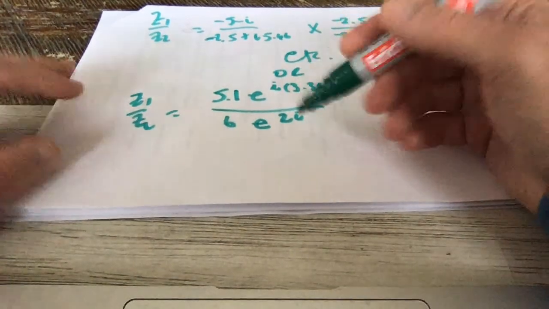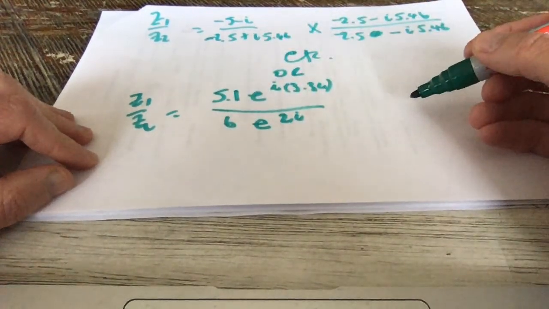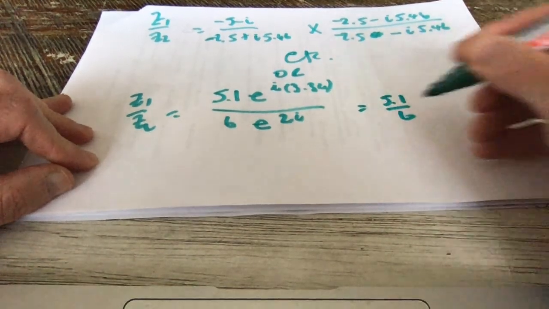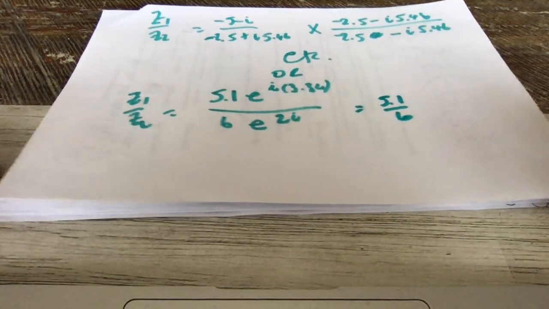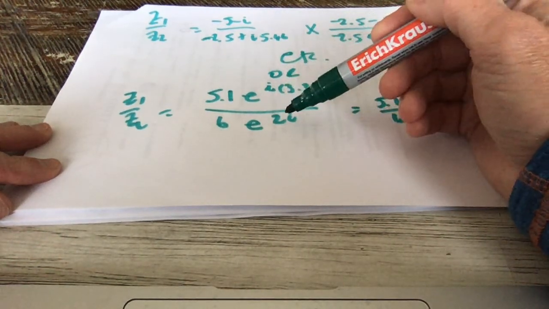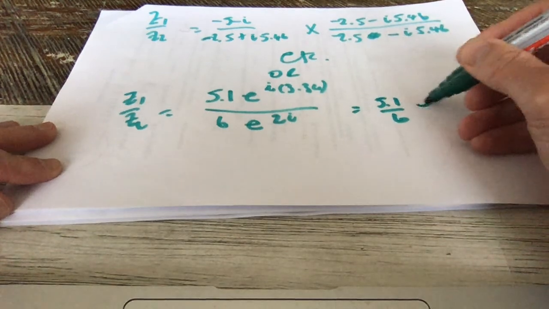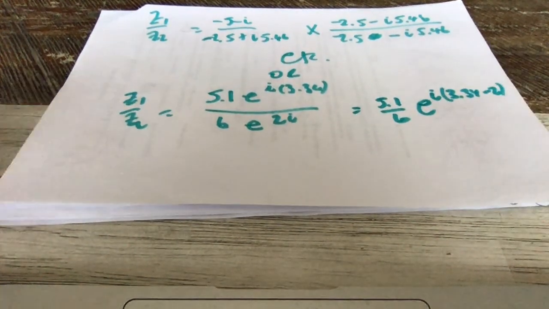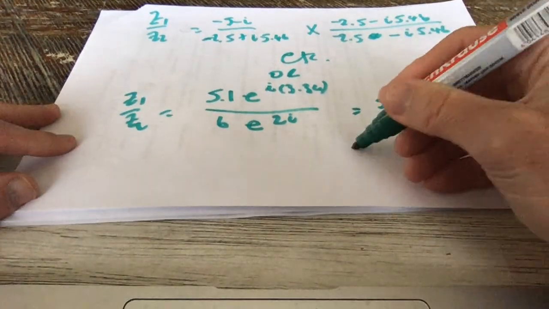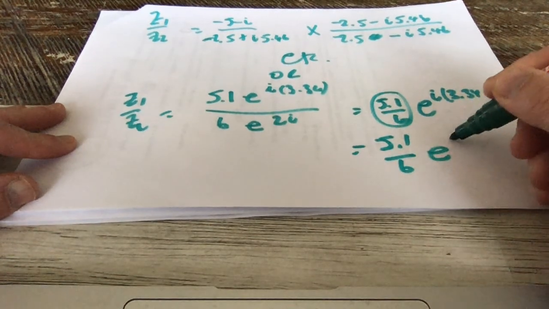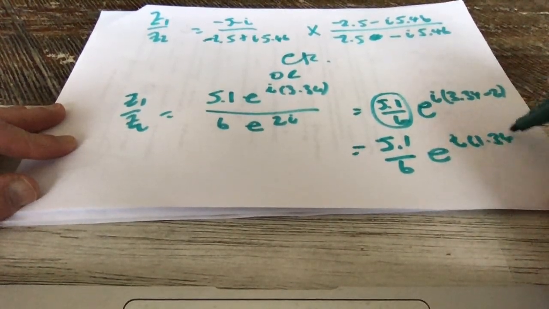So what you do here is you divide the moduli. So you get 5.1 over 6, whatever that is. I don't have a calculator in front of me. You just bash that out on the calculator. And when you're dividing one complex number by another, you subtract the arguments. So it's exponential i 3.34 minus 2. That's all you do. So you get 5.1 over 6, exponential i 1.34. And that's your answer.